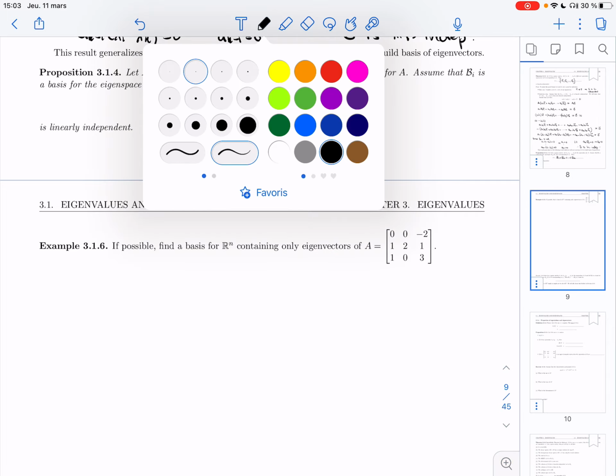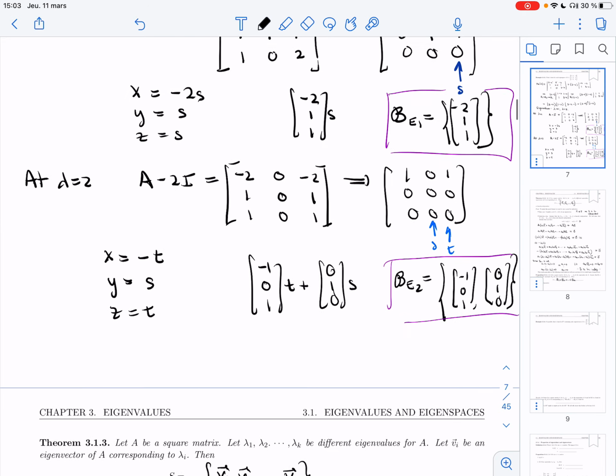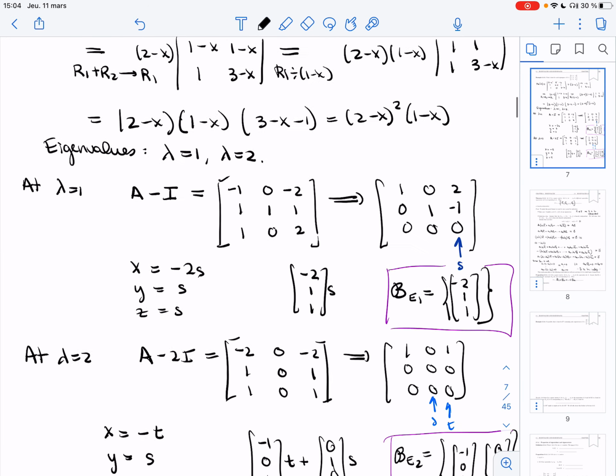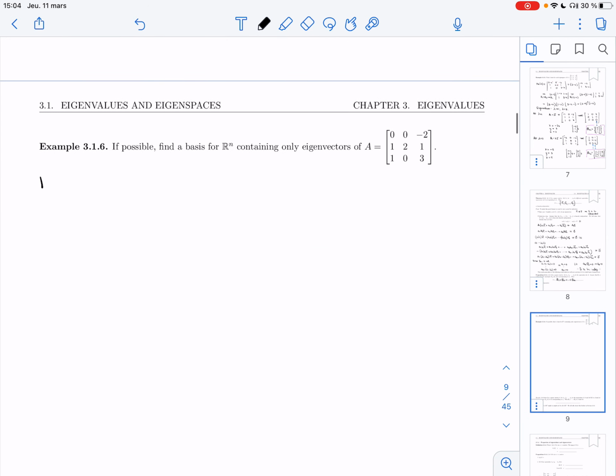So in this example, example 3.1.5, we found the eigenvalues.